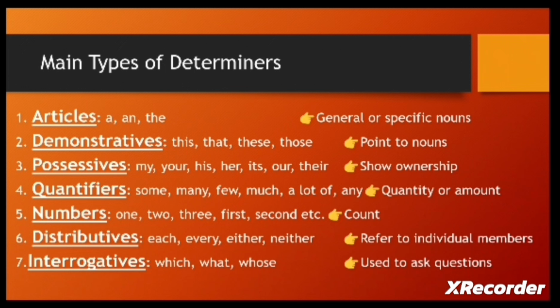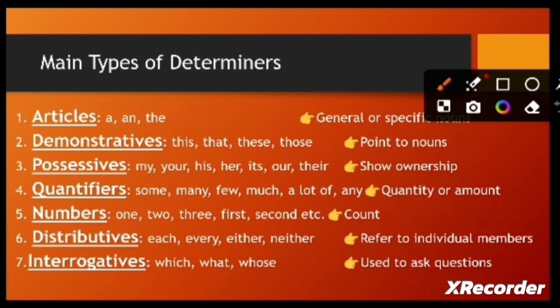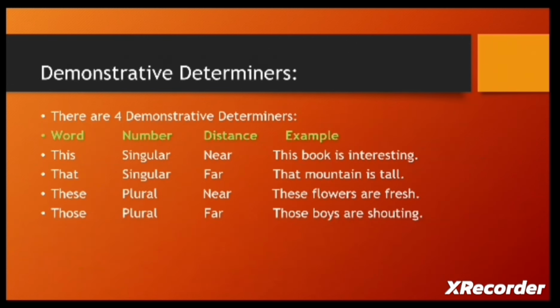Next determiner is distributive, for example each, every, either, neither, etc. These determiners refer to individual members. Next is the interrogative determiner: which, what, whose, used to ask questions. I hope this slide is clear. So let's go to the next one.